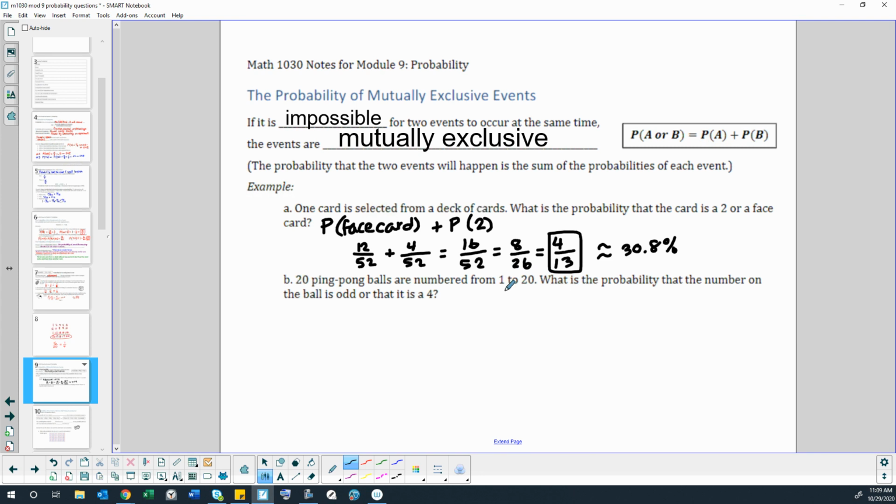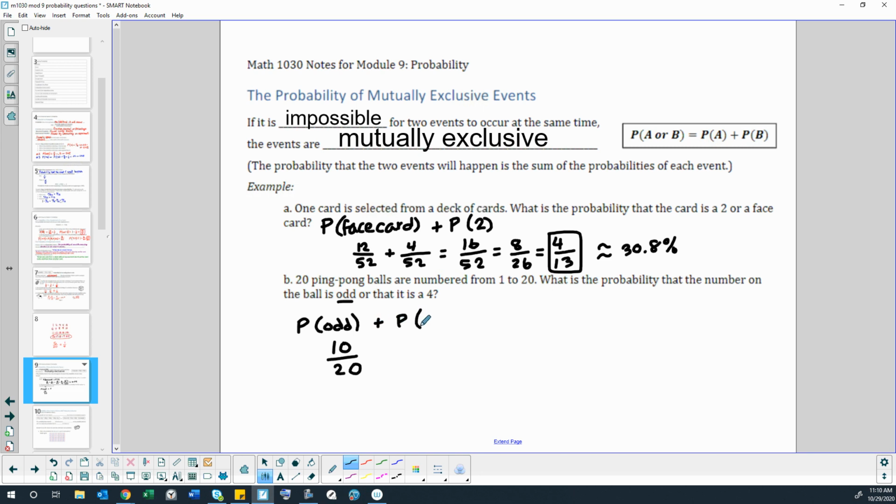Okay, so we have our ping pong balls numbered from 1 to 20. The first probability we're looking at is odd, so the odd numbers would be 1, 3, 5, 7, 9, 11, etc., till we get up to 19. Half of those numbers are odd, so 10 of the 20 of them are odd.